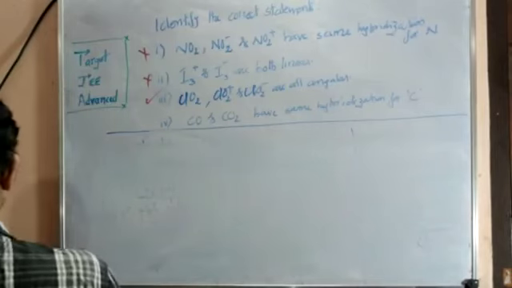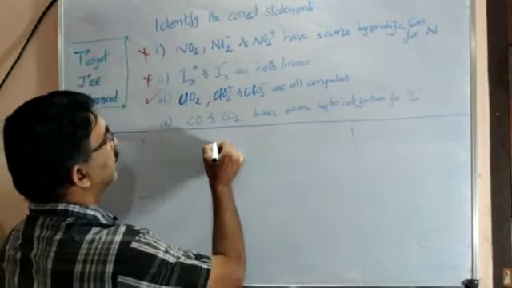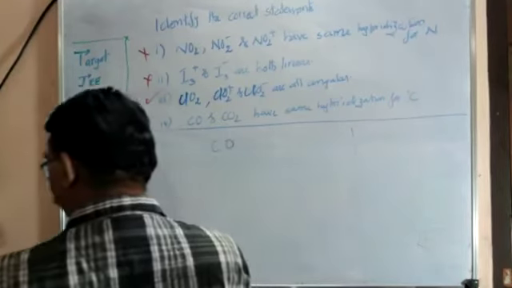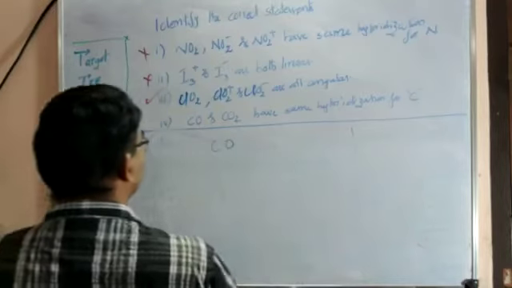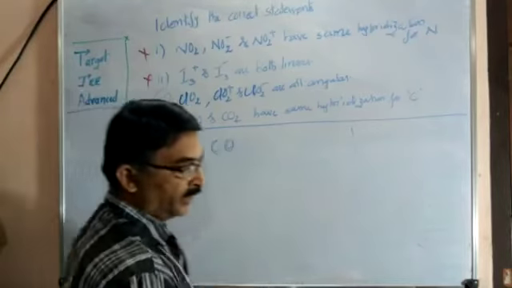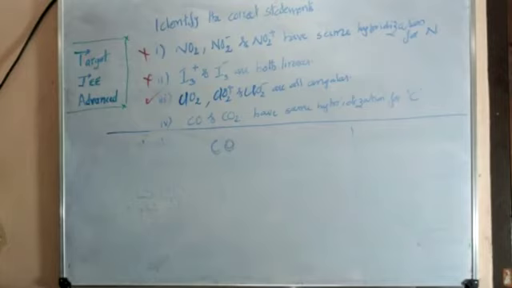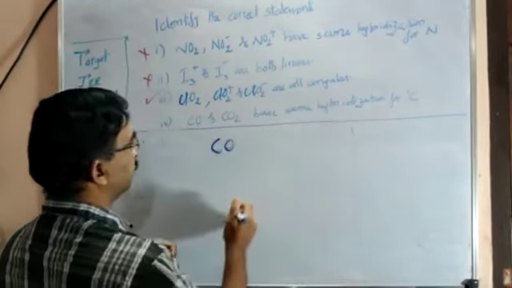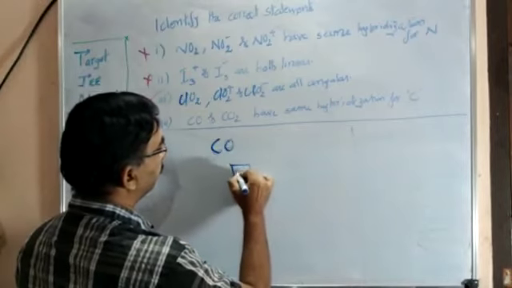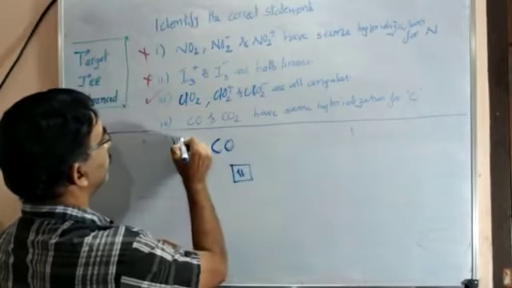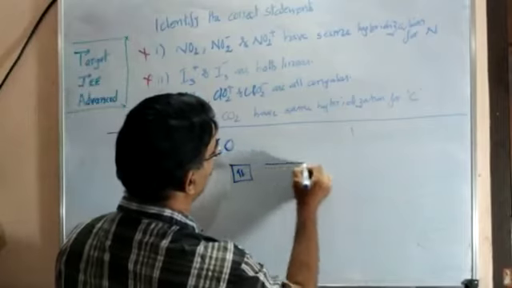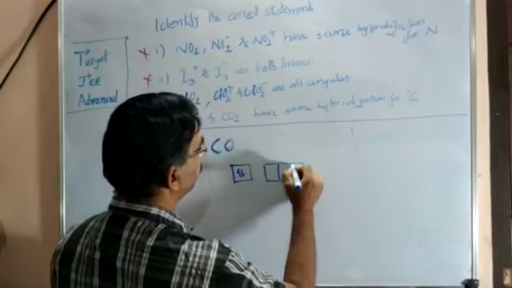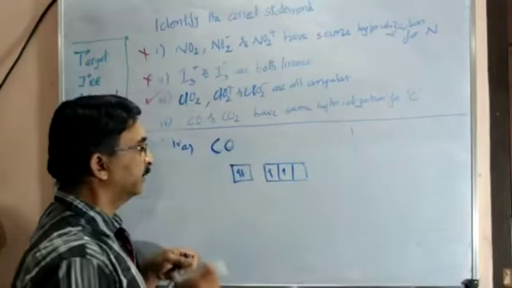And the last one, CO and CO2. First we look into CO. Carbon: we know the valence configuration.